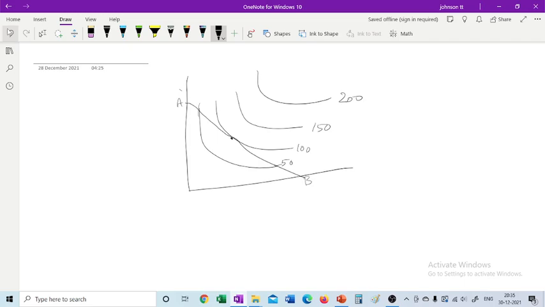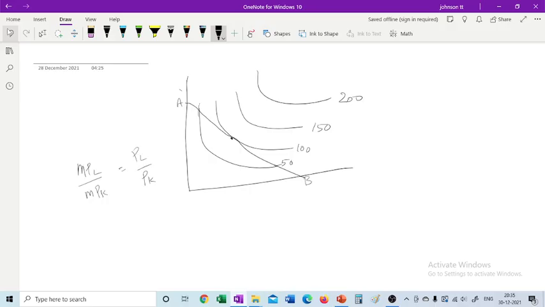The slope of the isoquant is MPL by MPK. And what is the slope of the iso cost line or the budget line? That is PL by PK. So MPL by MPK is equal to PL by PK.